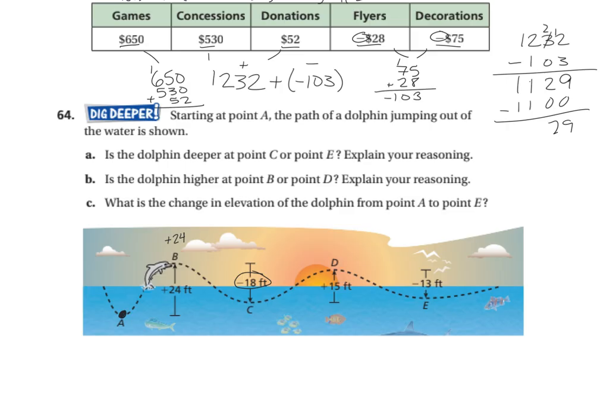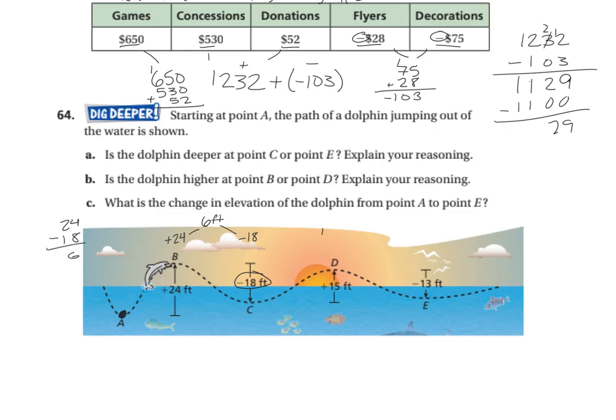So if we think about it, right, however high it jumped to, it's minus 18, which if we take both of those, plus 24 minus 18, we have a situation where one's positive, one's negative. I can subtract their values. And we have a total displacement of 6 feet positive right now. Okay, it then says from point C, it goes up 15 feet.